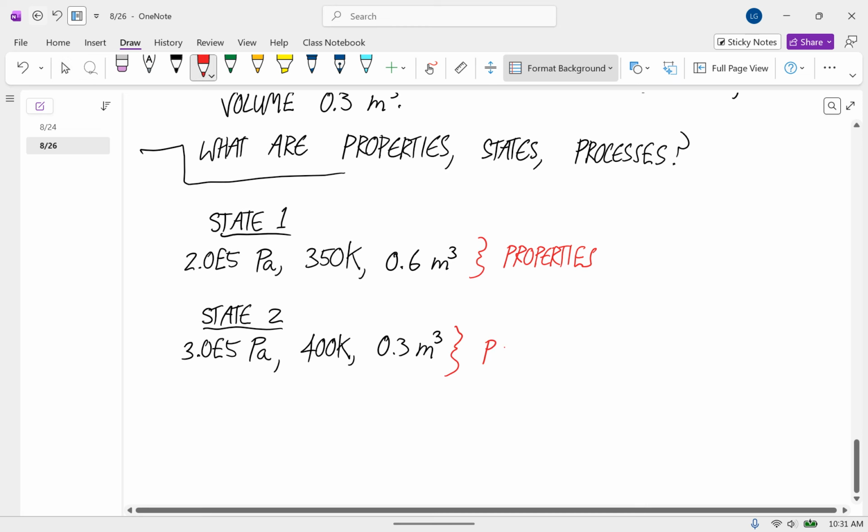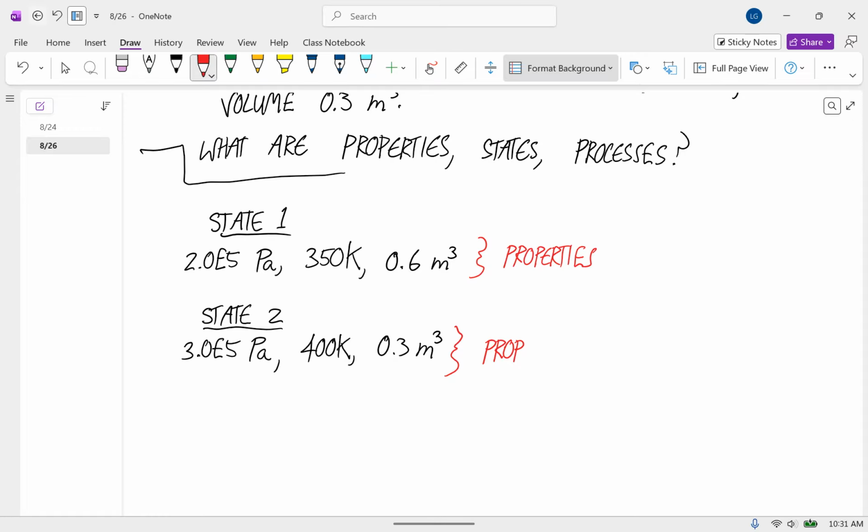And these three things are all properties. And the process, let me write it as going from state 1 to state 2, is the only process here.